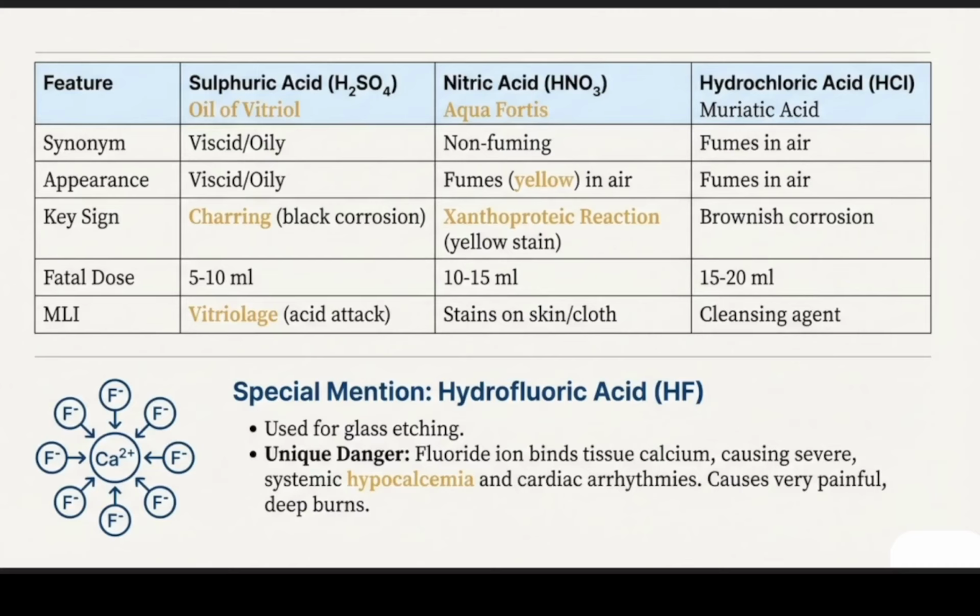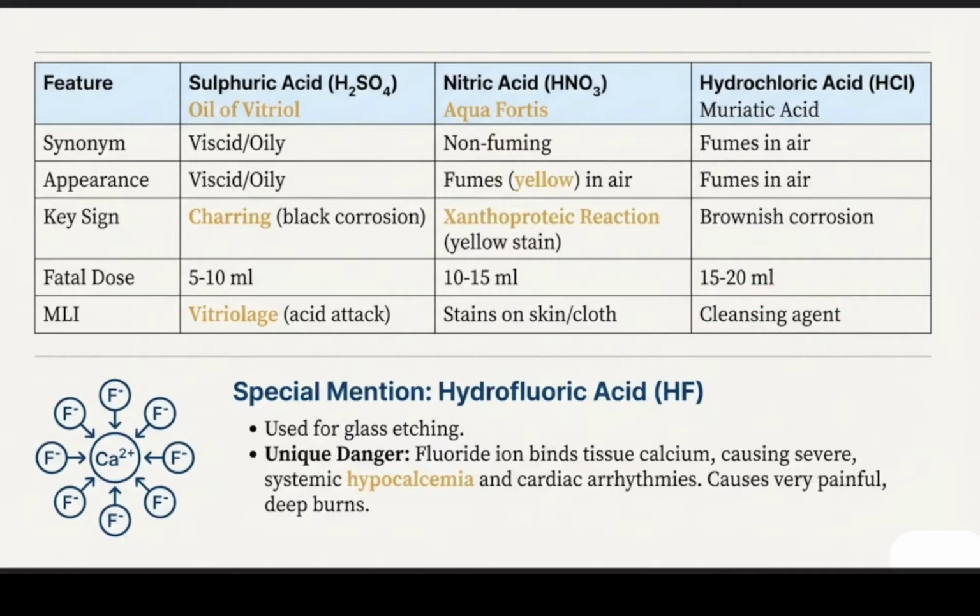Talking about hydrochloric acid, brownish corrosion. Black corrosion is sulfuric acid, brownish corrosion is hydrochloric acid. And 15 to 20 ml is the fatal dose, and this is actually used as a cleansing agent. Now we have hydrofluoric acid also, which is used for glass etching.